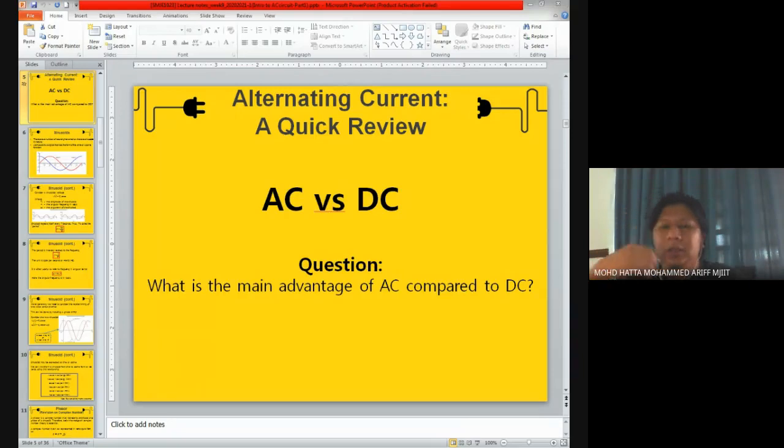So that's the main advantage of AC, and related to that is cost. Transmitting AC power is less expensive compared to DC. So that's, I think, for me.